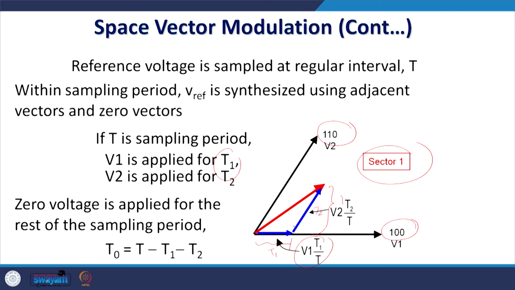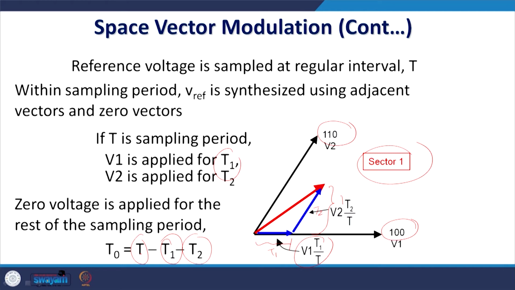Let us say it is switching at 10 kilohertz, sorry, extremely sorry, it is 10 kilohertz, then it is 100 microsecond. In 100 microsecond, T1 may be 40 microsecond, T2 may be 30 microsecond, then the total brings you to 70, then T0 will be the rest, 30 microseconds.